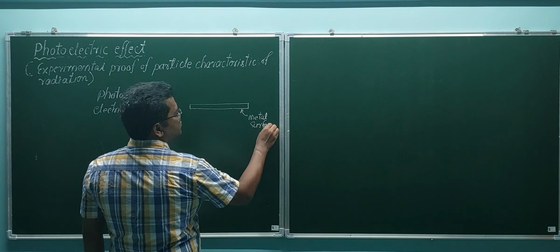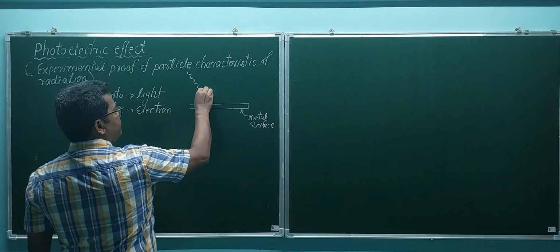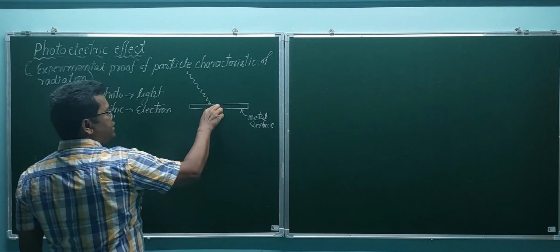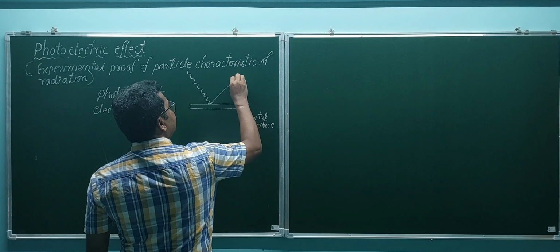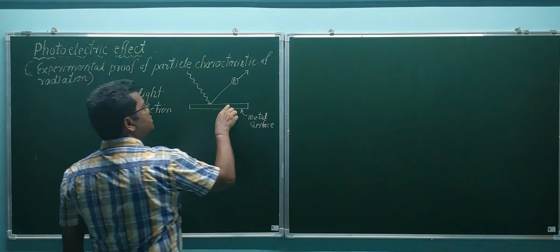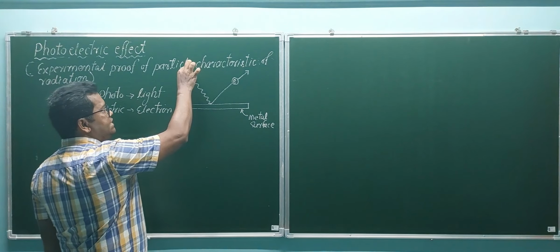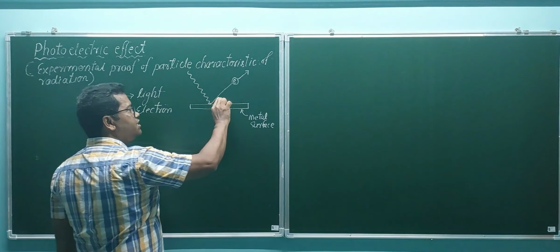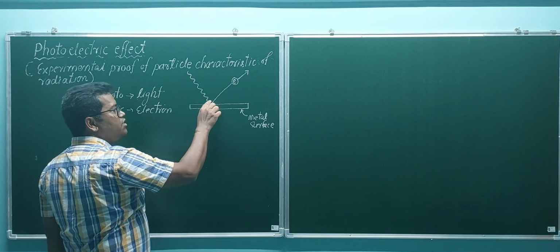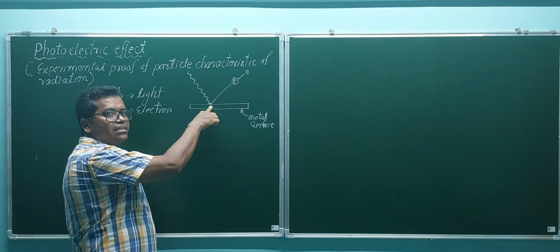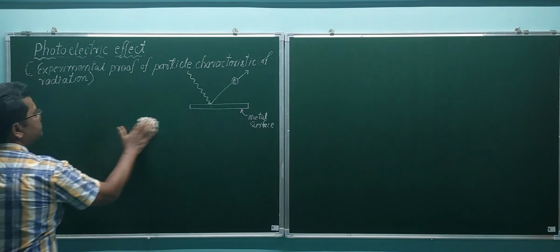When a light of definite frequency falls on it, instantaneously electrons are ejected from this metal atom. That is, it is the spontaneous emission of electrons when a light of definite frequency falls upon a clean metal surface.